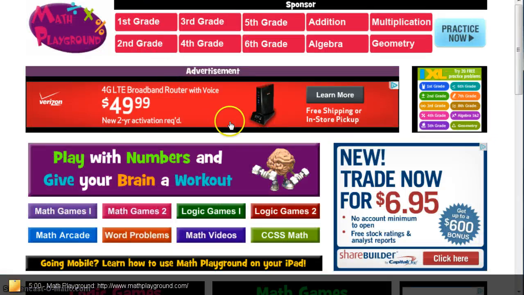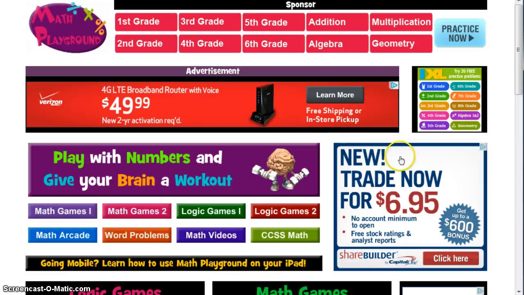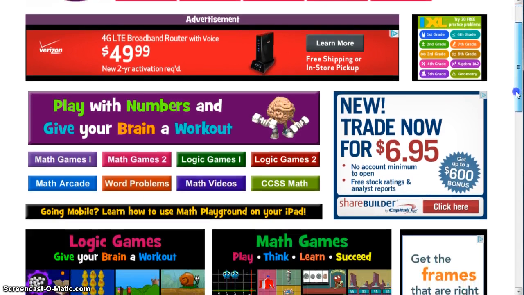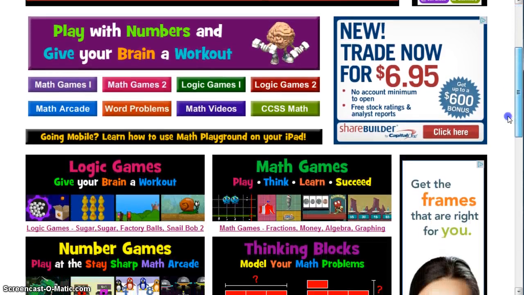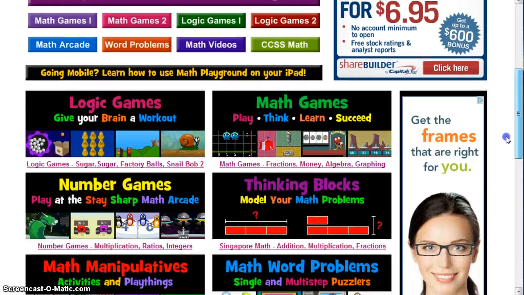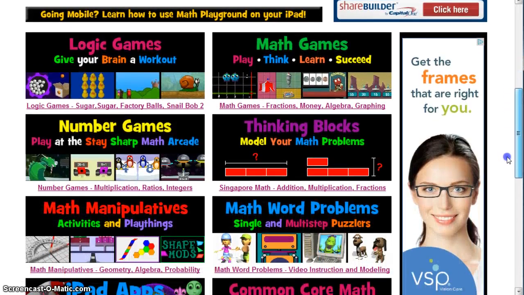Okay, so Math Playground at first looks pretty crazy. Lots of links, advertisements, and so forth, but please don't let that deter you. If you scroll down, you can see the main area with resources.